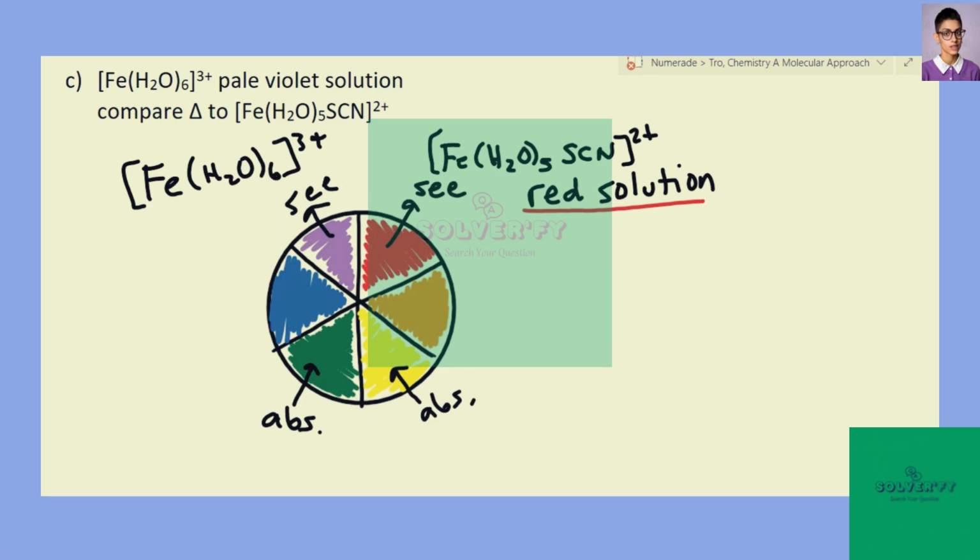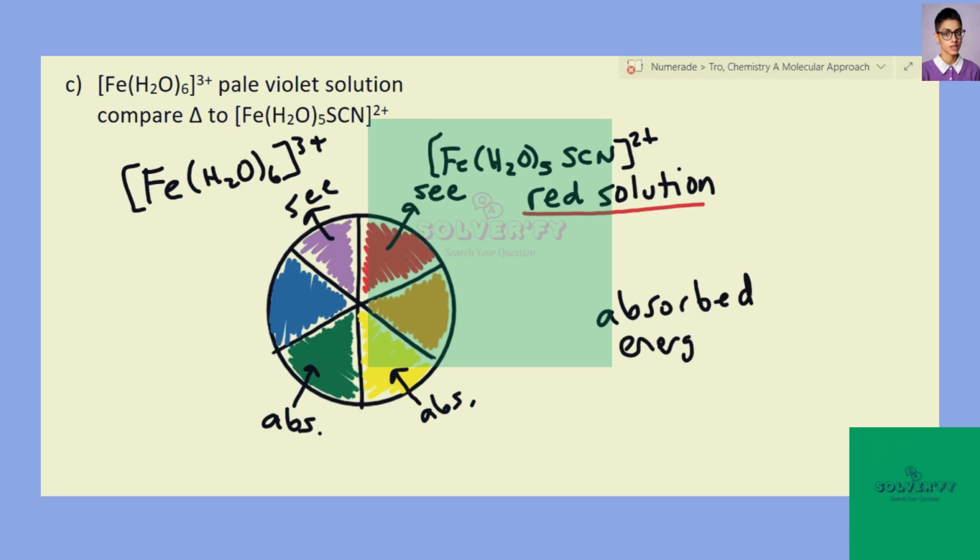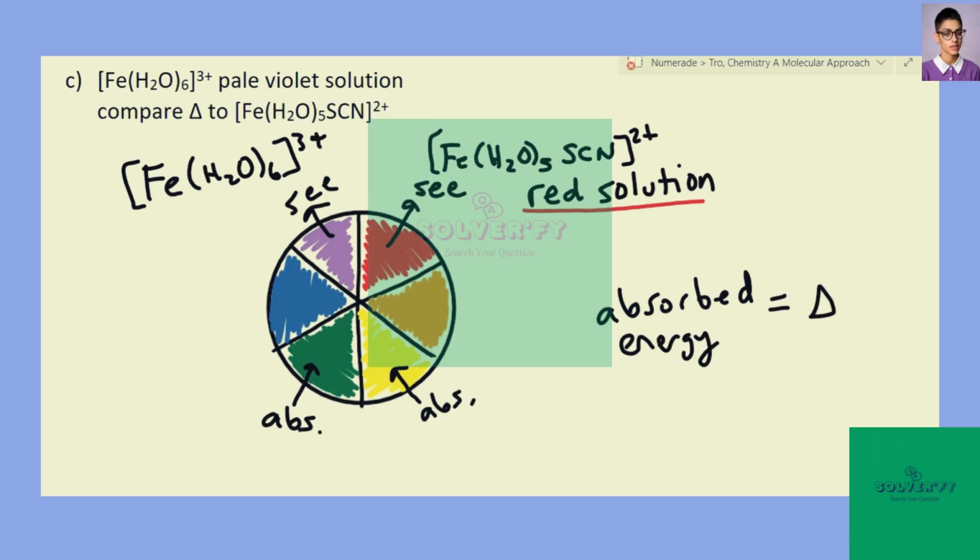Okay, but we're being asked about the crystal field splitting energy. Remember that the energy that's absorbed is equal to the crystal field splitting energy.